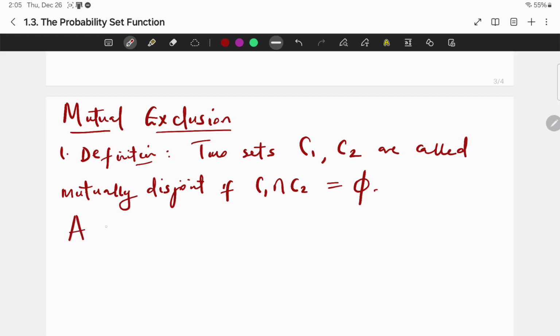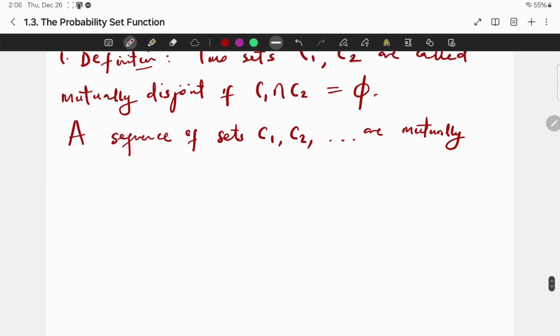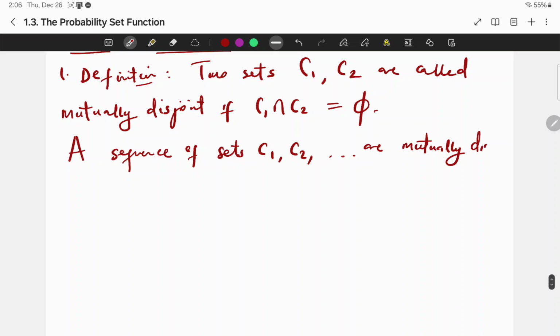A sequence of sets C1, C2, and so on are mutually disjoint if any two sets are mutually disjoint.